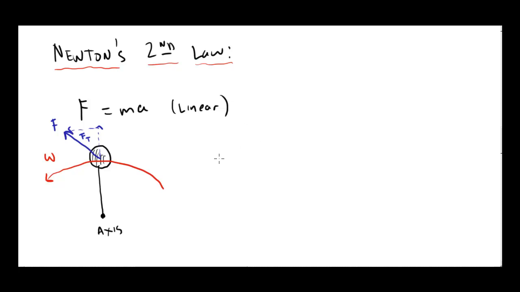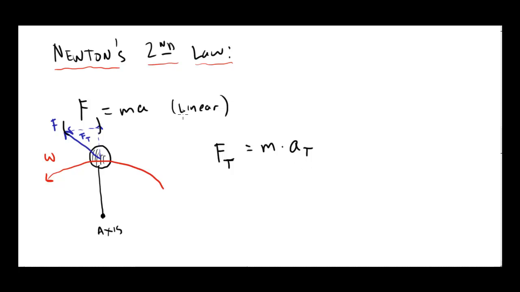I could say that the tangential force is m times tangential acceleration. These are still linear values. I haven't even made this rotational yet. I'm just saying that the linear acceleration this ball is going to experience is related to this tangential force. So this is the linear or tangential acceleration.